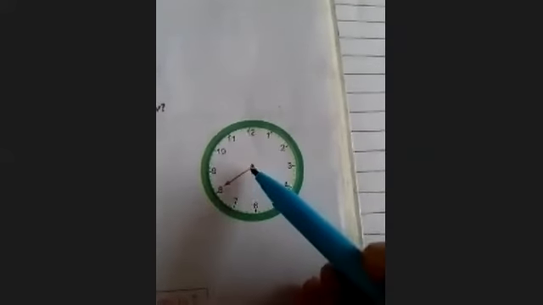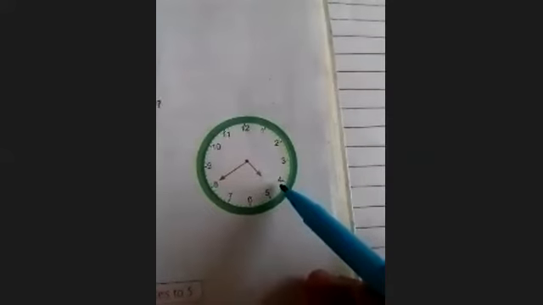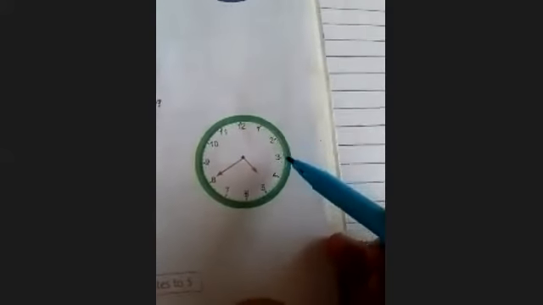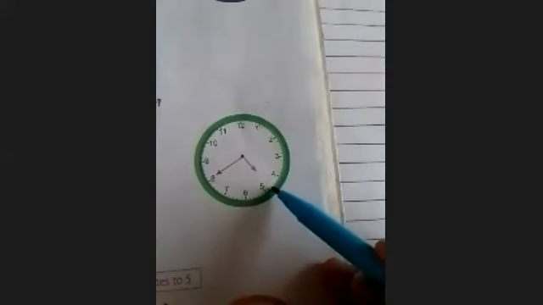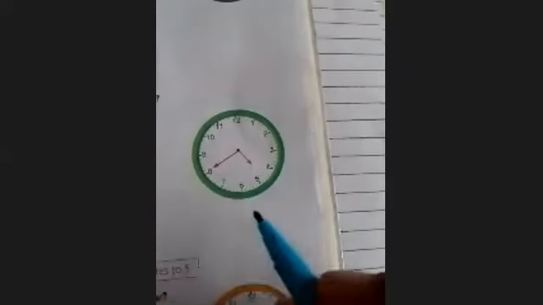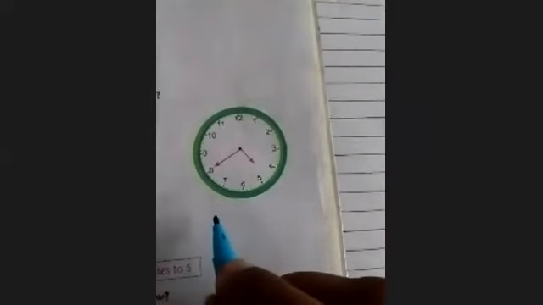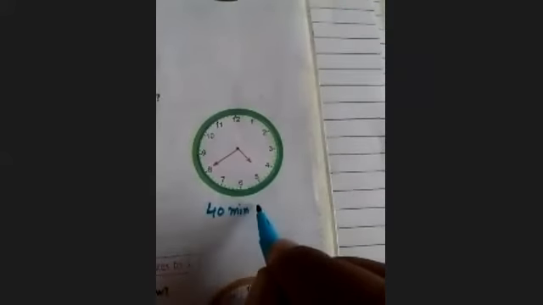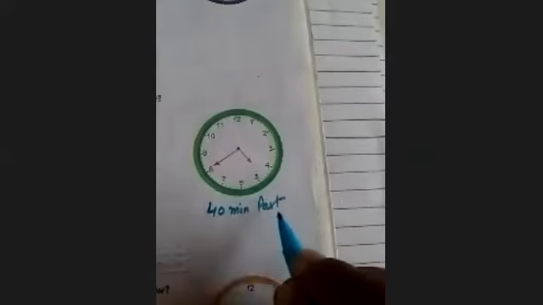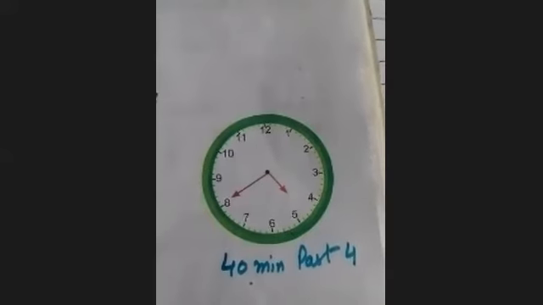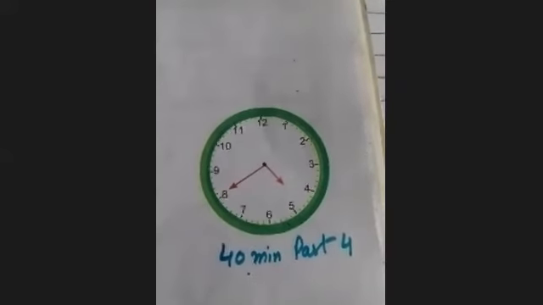So it means time is 4. Now count the minutes: 5, 10, 15, 20, 25, 30, 35, 40. So time is 40 minutes past 4.